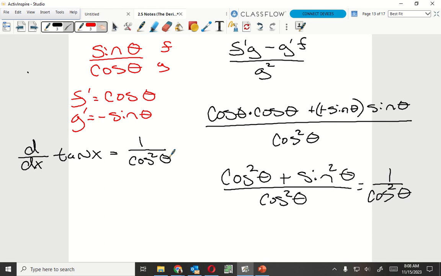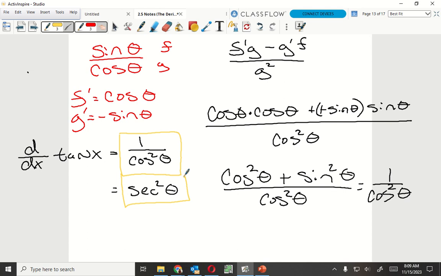It's the reciprocal of secant. 1 over cosine is secant. So 1 over cosine squared is secant squared theta. Both answers here are correct, but we normally just use the second one.